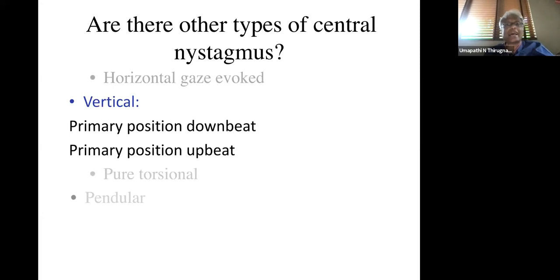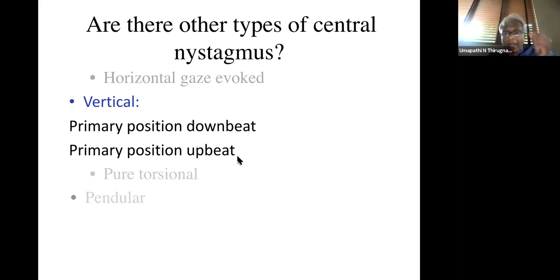Now, the next question is, are there other forms of central nystagmus? Well, the most important form is the horizontal gaze-evoked or horizontal gaze-dependent nystagmus that we talked about. That's 99% of the central nystagmus that you will see. Occasionally, you will see patients with upbeat or downbeat nystagmus. The pathophysiology of upbeat and downbeat nystagmus is equally beautiful, but a little more complicated and perhaps beyond the scope of what you need to know now.